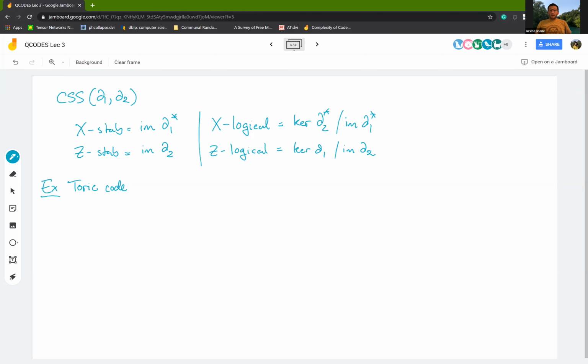Yeah. Right. I guess it's kind of a coincidence. In general, it means the set of operators that act as the Pauli X on the logical qubits. But for CSS codes, that happens to be the same as the set of logical operators that are tensor products of X's. It's not in general the case.